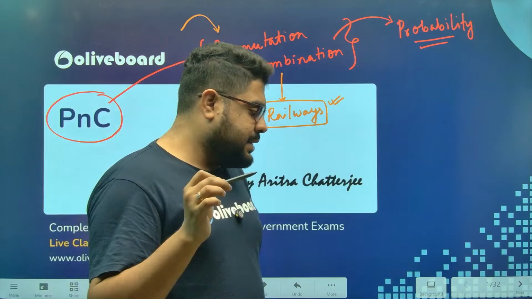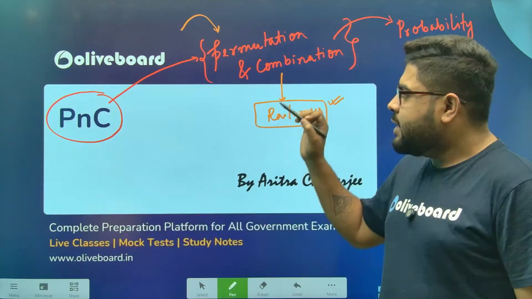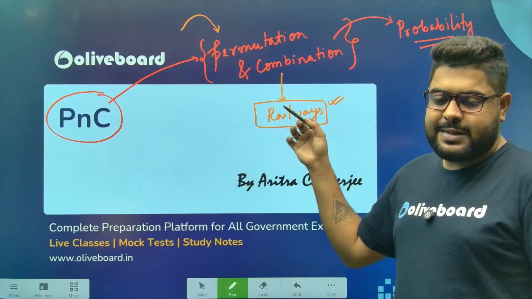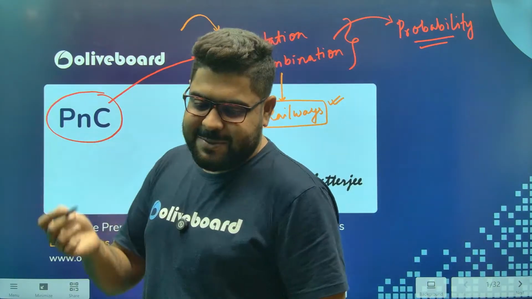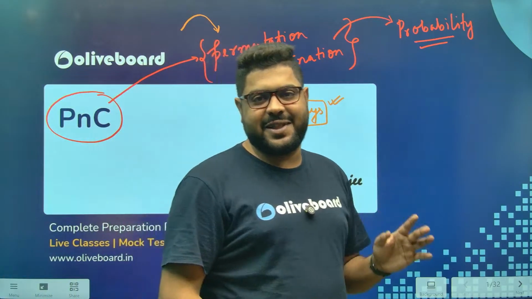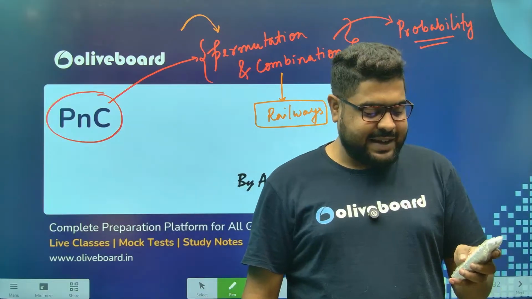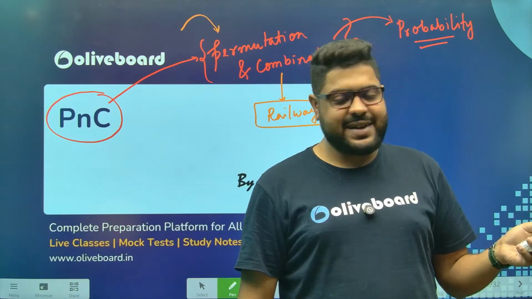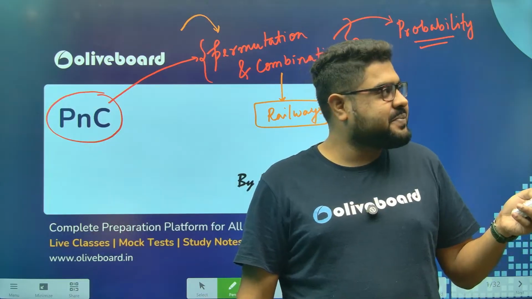If you ask, you'll get split opinions. Those who understand will say it's a very simple chapter. Those who don't understand will say, sir, it's a very difficult chapter, I don't understand anything. So please try to be in that first category. Don't be in that second category.